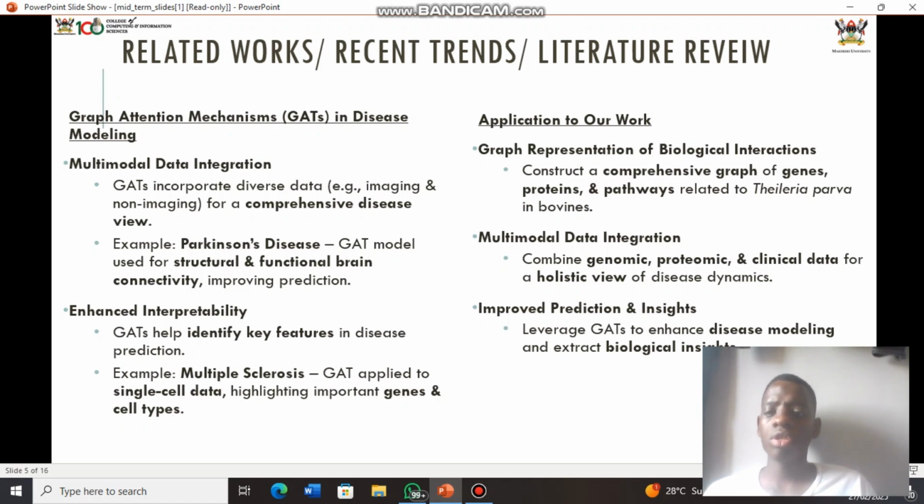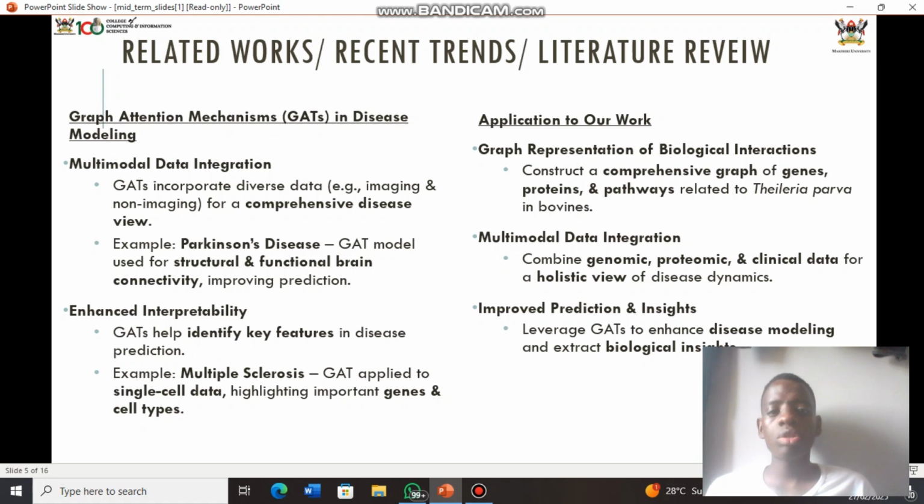The GAT model was used for structural and functional brain connectivity, which improves prediction and also enhances interpretability. GATs help identify the key features in disease prediction. For example, in our dataset, the key features that we used were the genotypes, the tick exposure, and also the Cape Buffalo availability in the particular area.